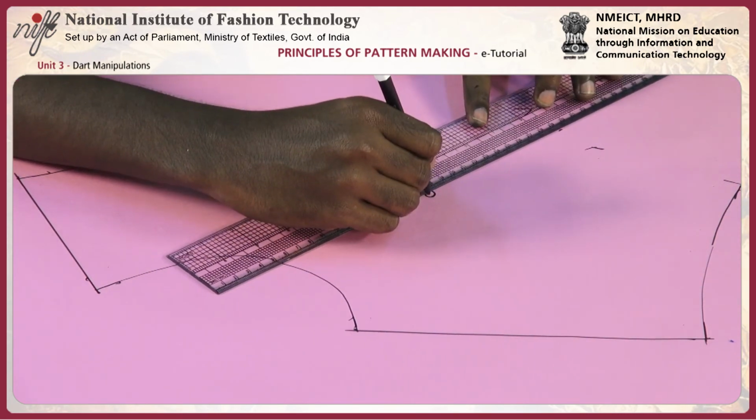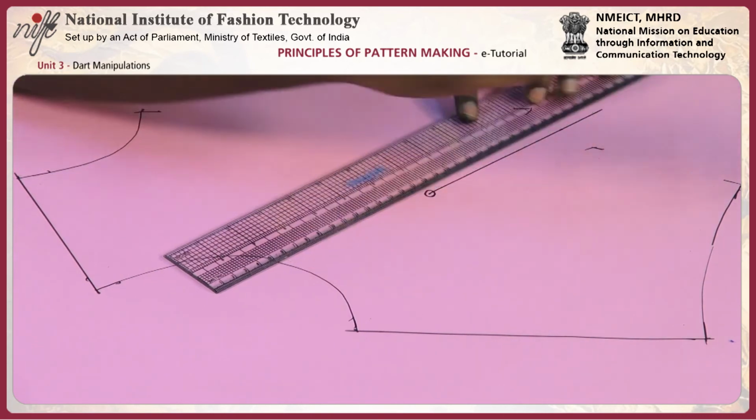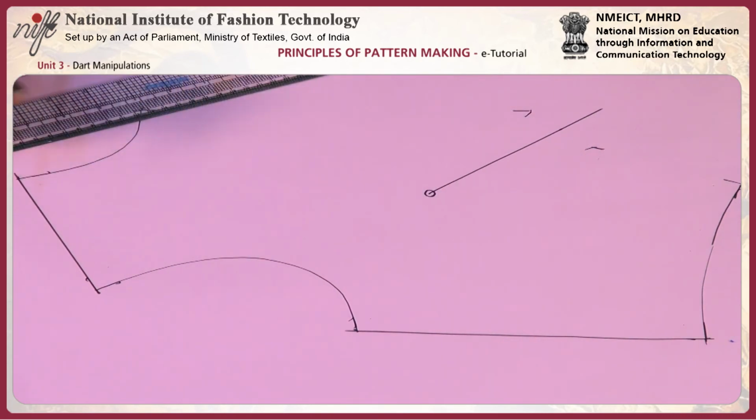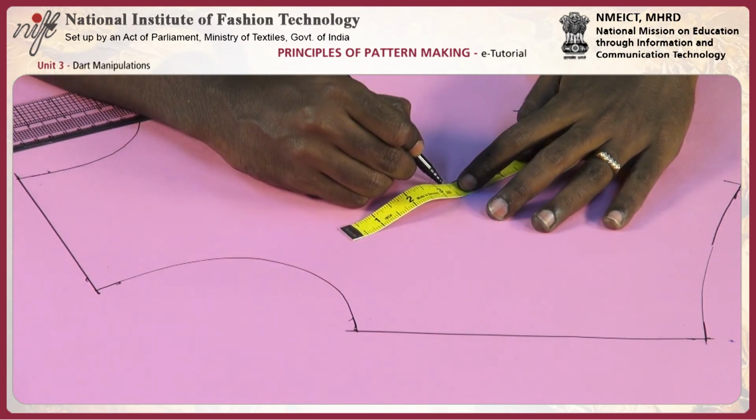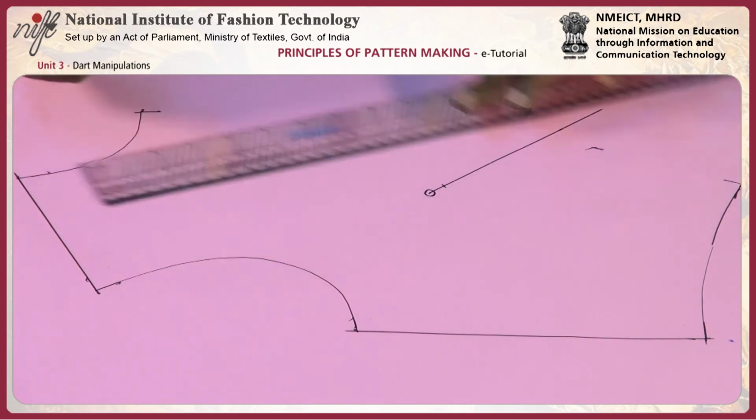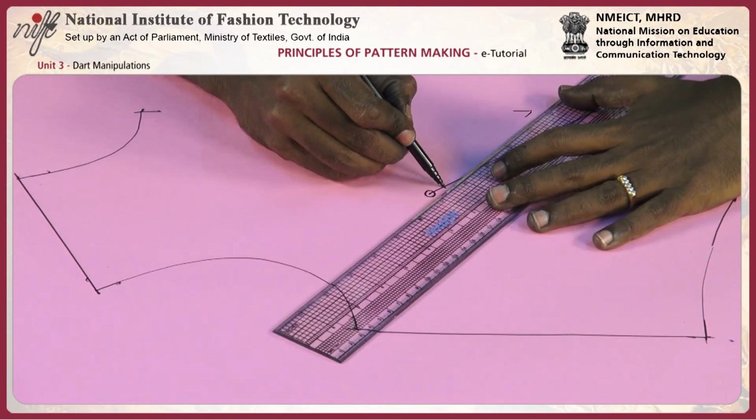Connect to the bust point. Mark half an inch away from the bust point. Then connect the dot legs.